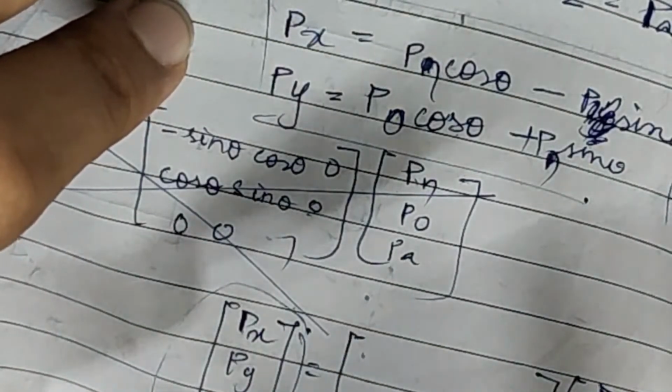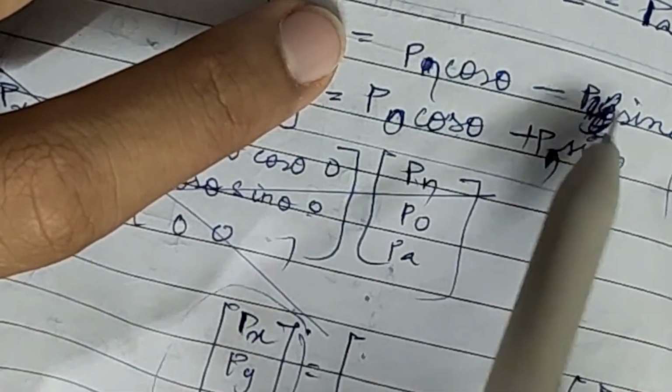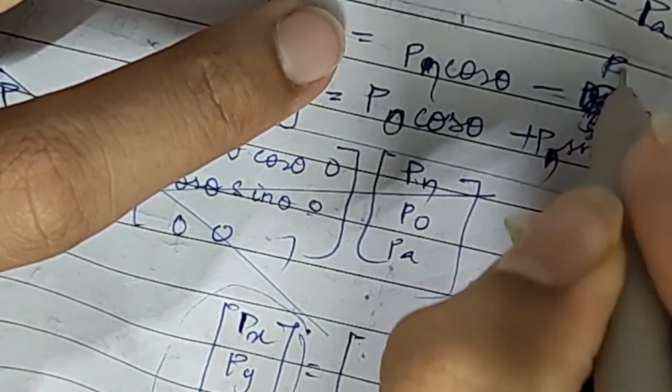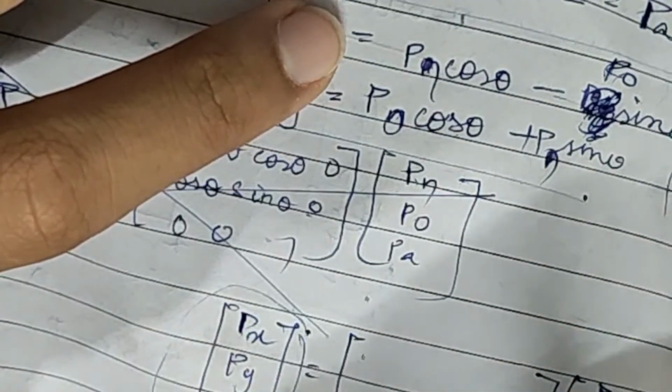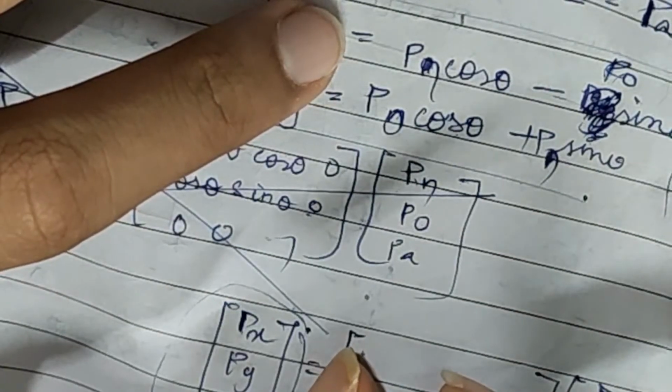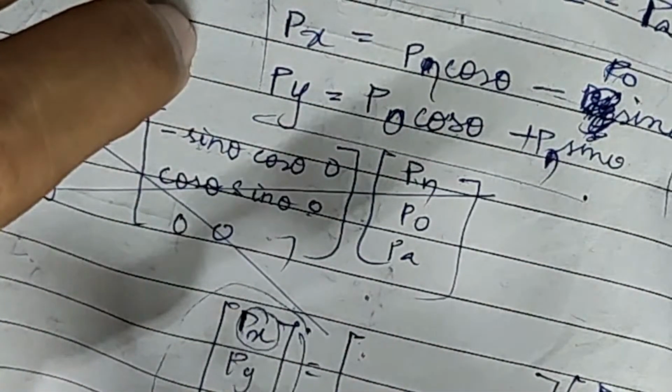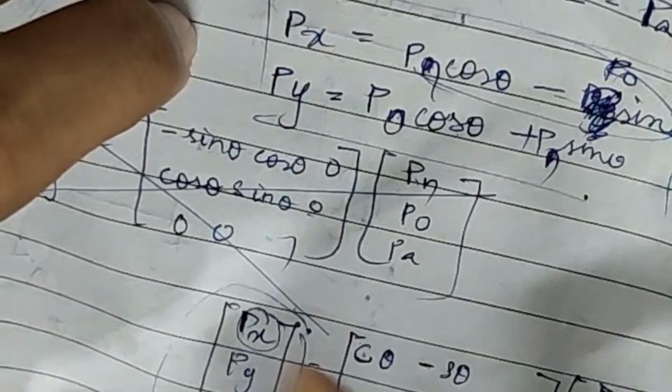It's pretty easy to convert it actually. We know that Pn and Po are right here, so we need a few terms that convert this into this, and that's pretty apparent: it's cos theta and then minus sin theta and then a 0 to eliminate Pa.